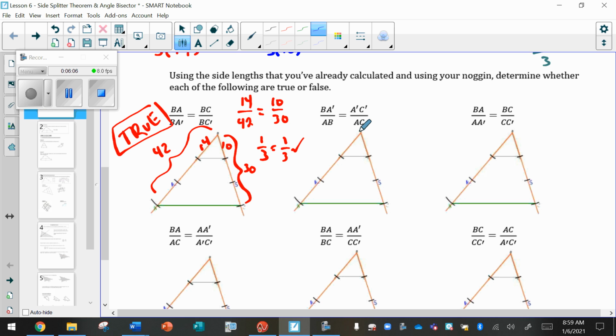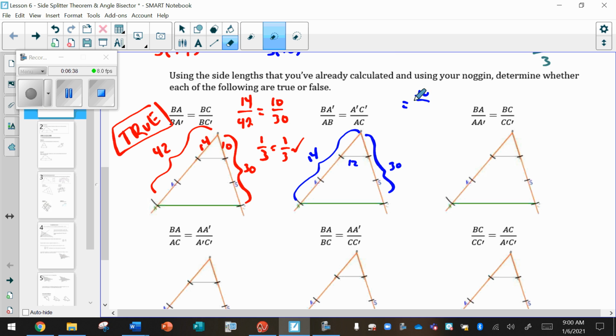We have BA prime, which was 14, over AB, which was 12. We're trying to see if that is equal to AC prime, which is 30, over AC. Wait. I'm sorry. Let's do that part over.